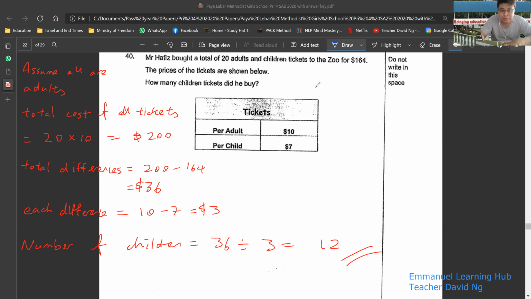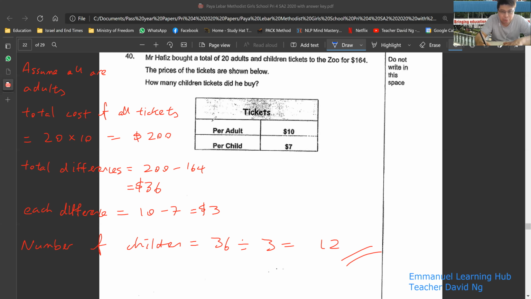Clear on this question? You have to master the assumption method because you need it in upper primary for your PSLE. This kind of question is very common in exams. Assumption method. Please do not use guess and check, by the way.